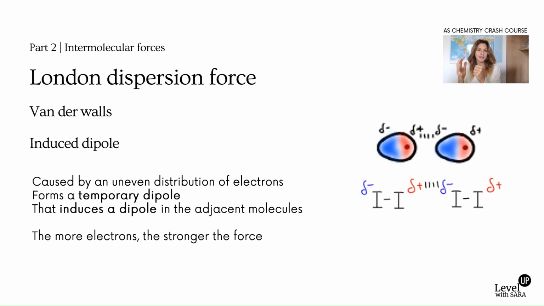So the more electrons there are in a molecule, the stronger this London dispersion force. So the important thing to remember is that all of the molecules have this force, and that the bigger the molecule, the stronger the force, because this depends on the number of electrons.